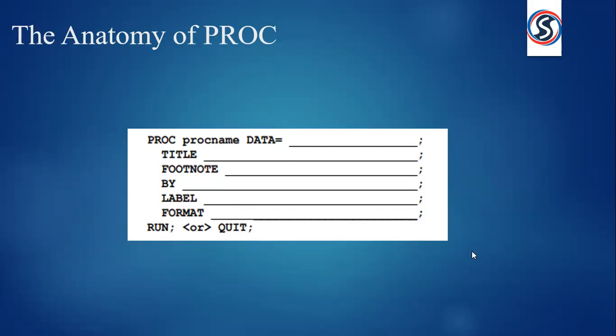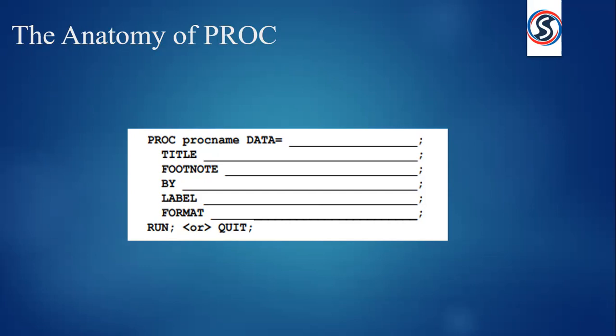Whenever you are going for procedures, each procedure has unique characteristics and elements in it, but many common ones are also there. So each PROC consists of a keyword. One or more statements are present, and options are there, of which some are required and the others are optional.